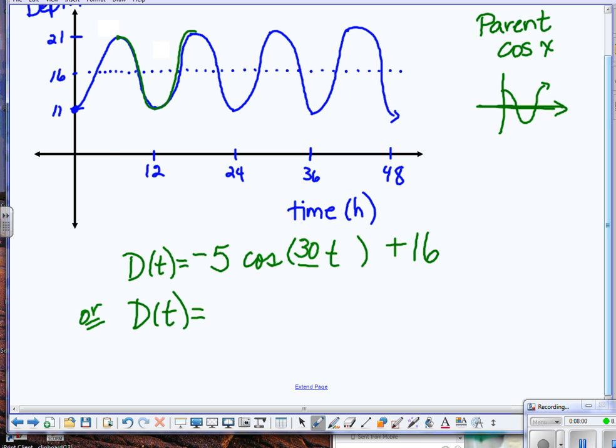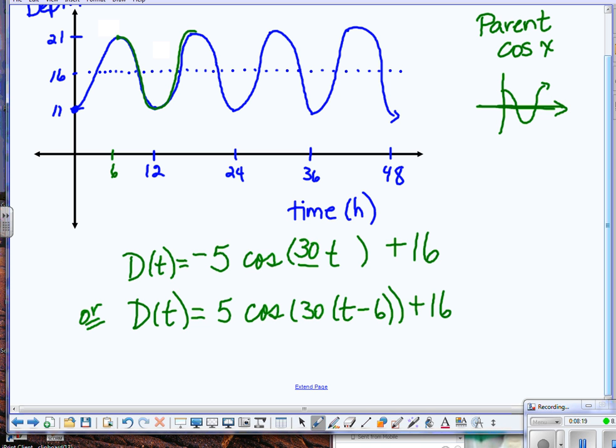It's been moved over 6. So you can write it as 5 cos 30 t to the right 6 plus 16. Either one of those functions is correct.